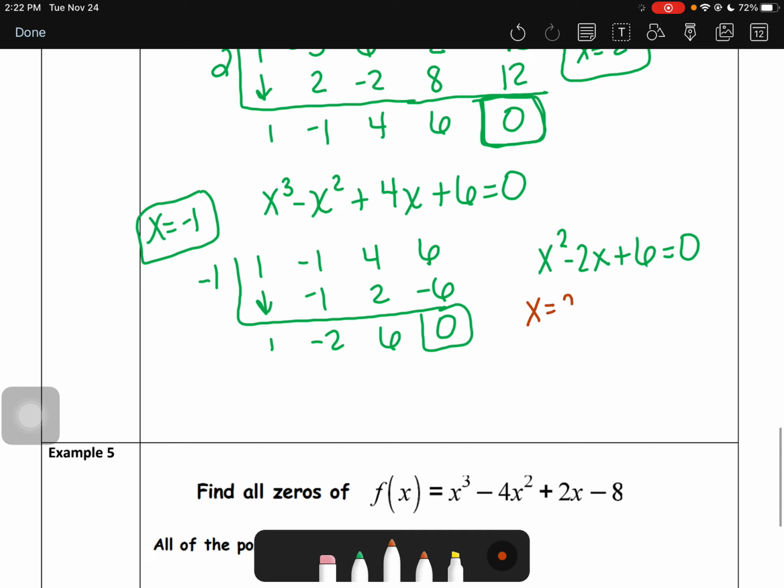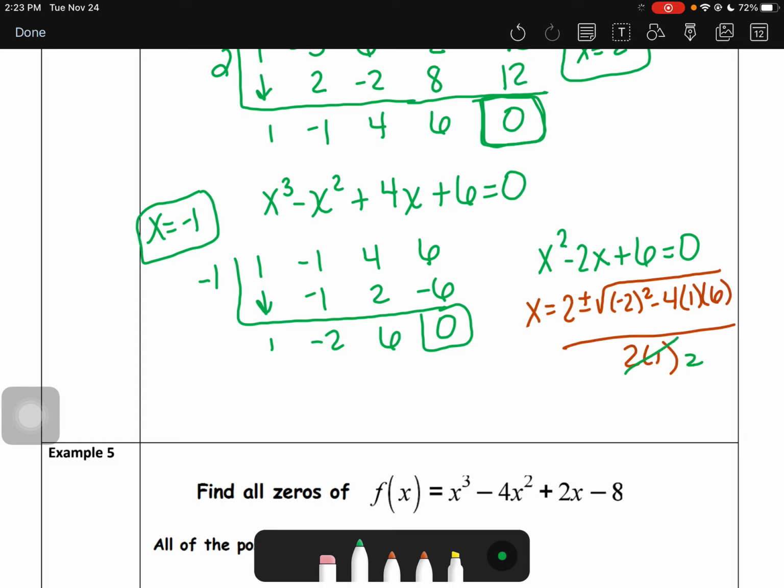So we have x equals opposite of b plus or minus the square root of b squared minus 4 times a times c, all over 2 times a.